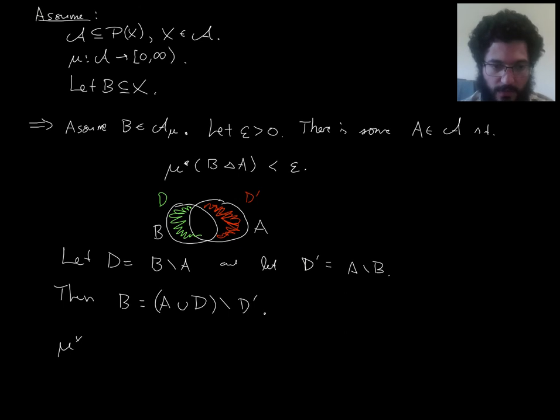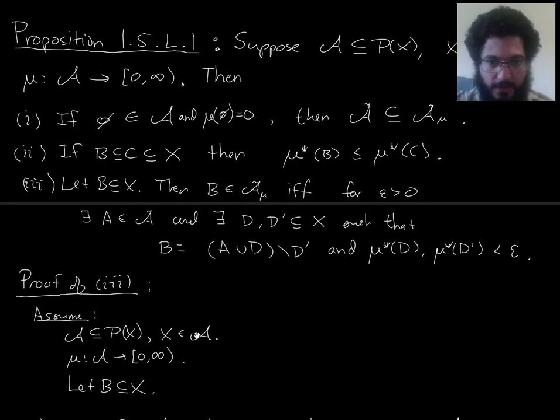So mu star of D, now remember from part 2 of this proposition, if one thing is a subset of another, then you get a corresponding inequality for outer measures. By the way, this is called monotonicity. So we say this is monotone.